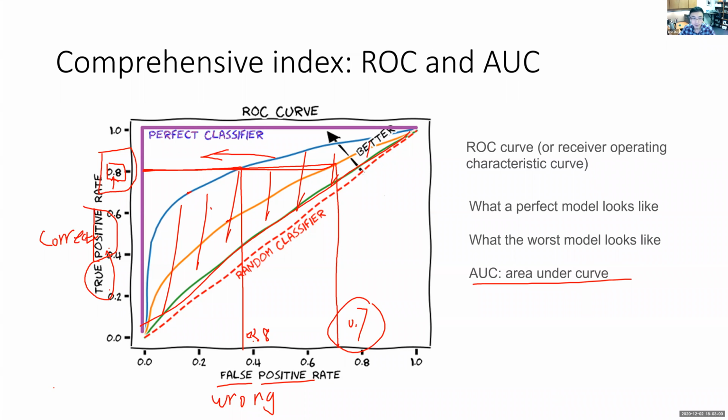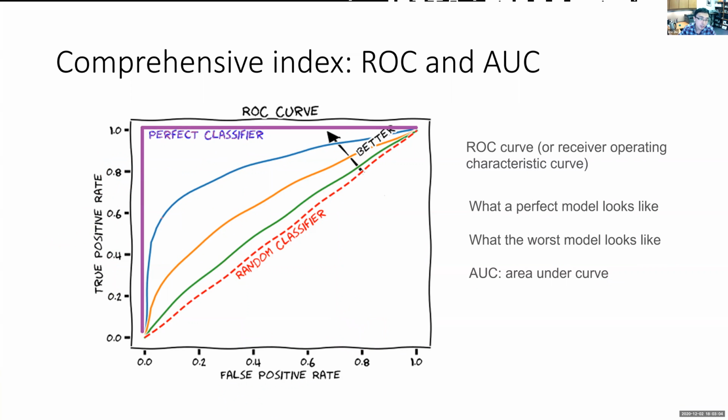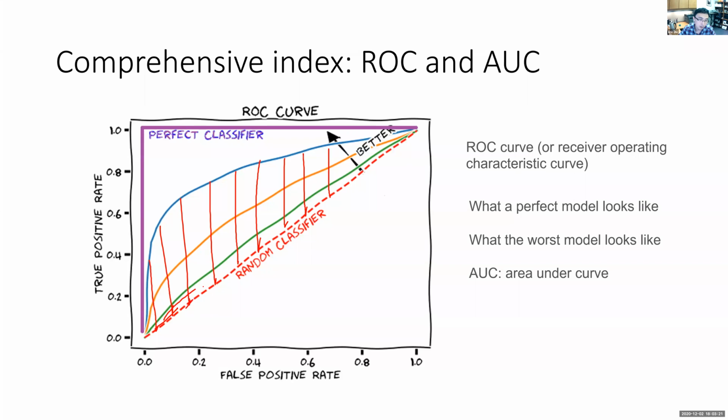Make sense? So let me just erase that. So the AUC for this blue curve is this. Make sense? And the AUC for the green curve is what? Is this. So the blue curve AUC is bigger than the green curve AUC.